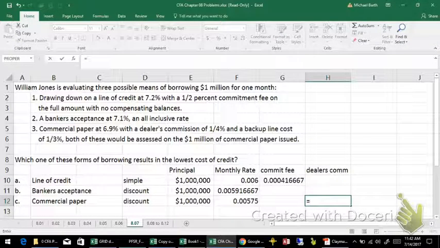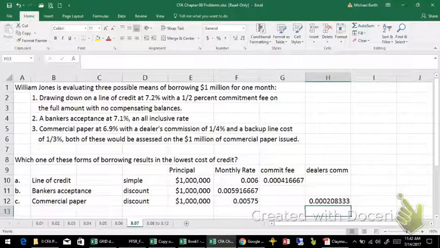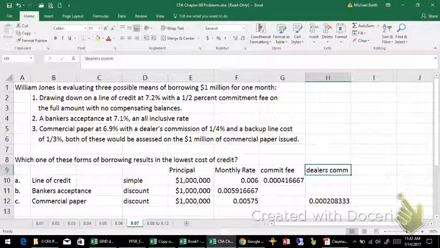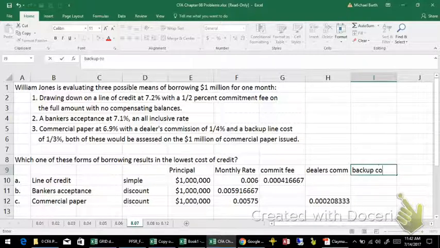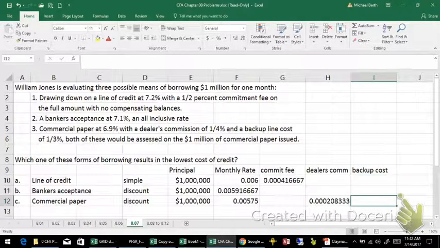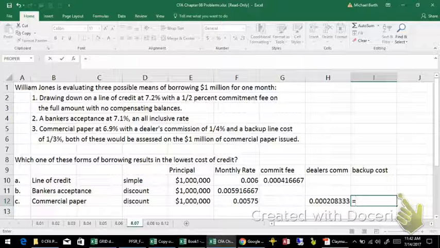The dealer's commission is 0.25% divided by 12, because it's only for a one month loan. And then there's the backup line cost, which is 1/3%, or 0.33%, again divided by 12.